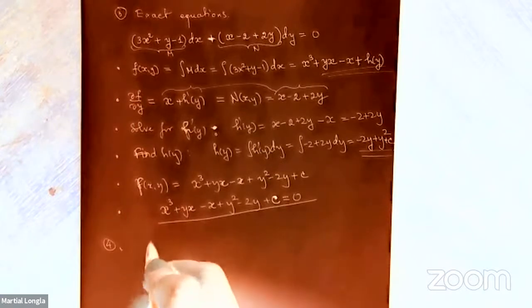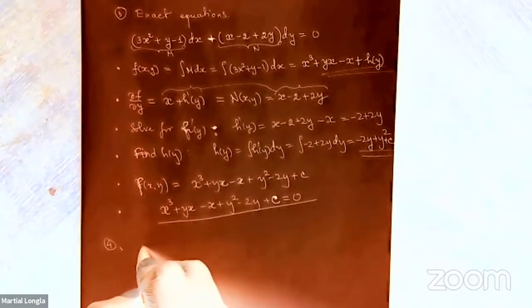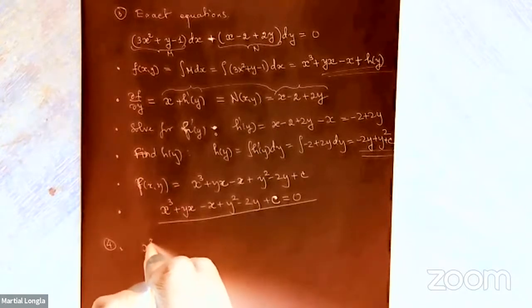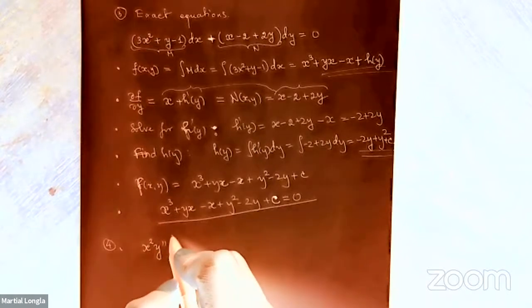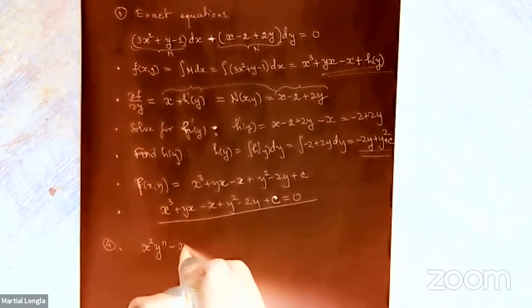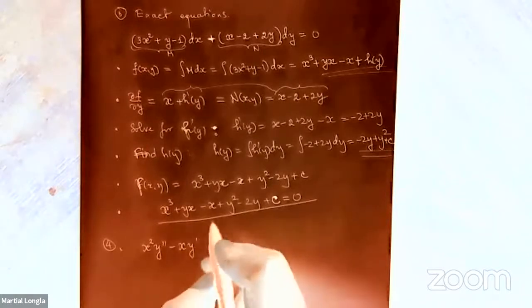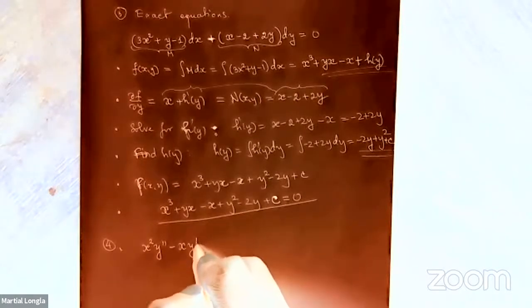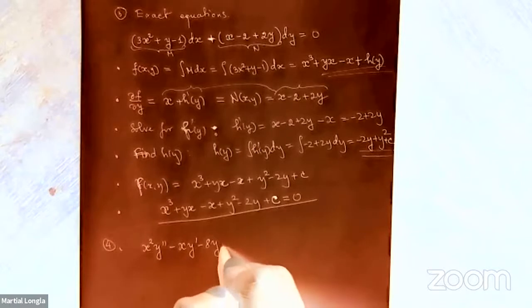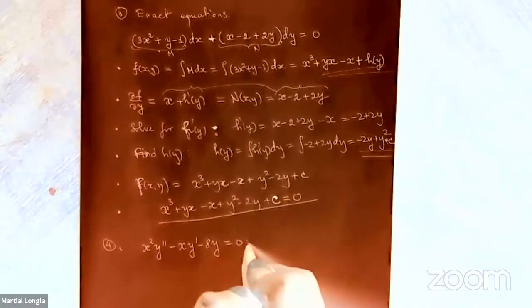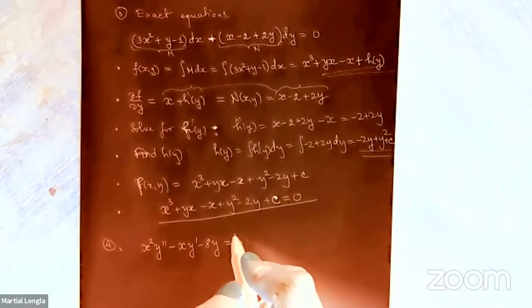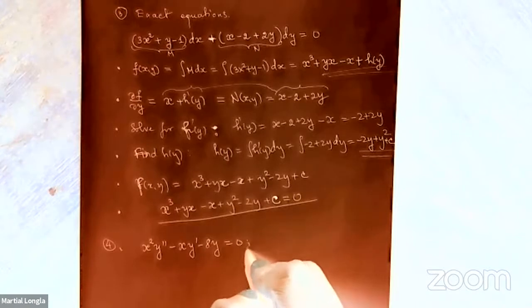Yes, sir. It's x squared y double prime minus x y prime minus 8y equals 0. And it's assuming that x is greater than 0.